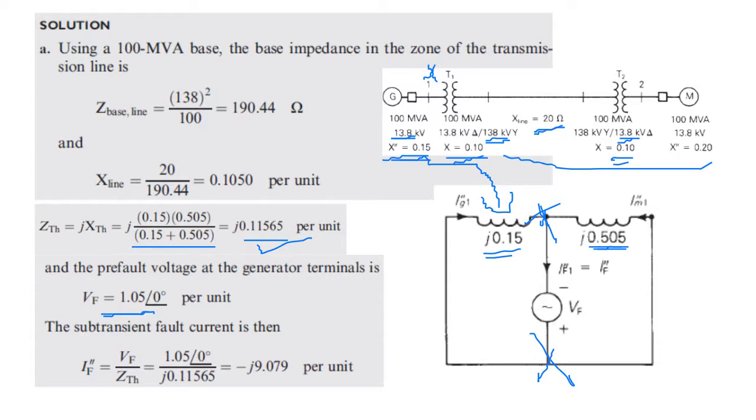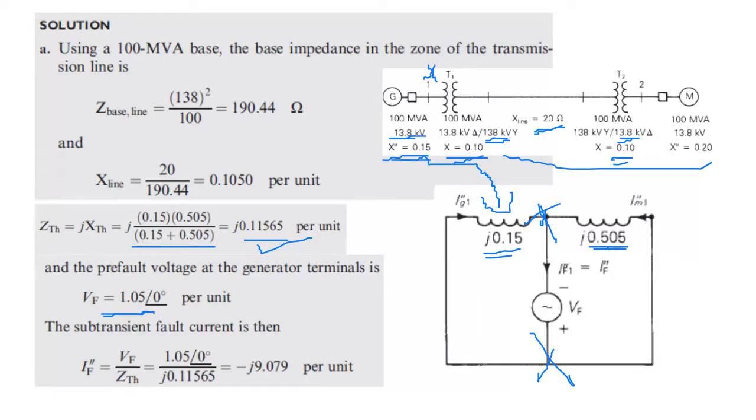And the pre-fault voltage at the generator terminal is 1.05 per unit. Why? Because it's operating at 5% above the rated voltage, and the rated voltage is the same as the base voltage. So you divide the rated voltage over the base, which gives you the per unit. So the rated voltage is 1 per unit.